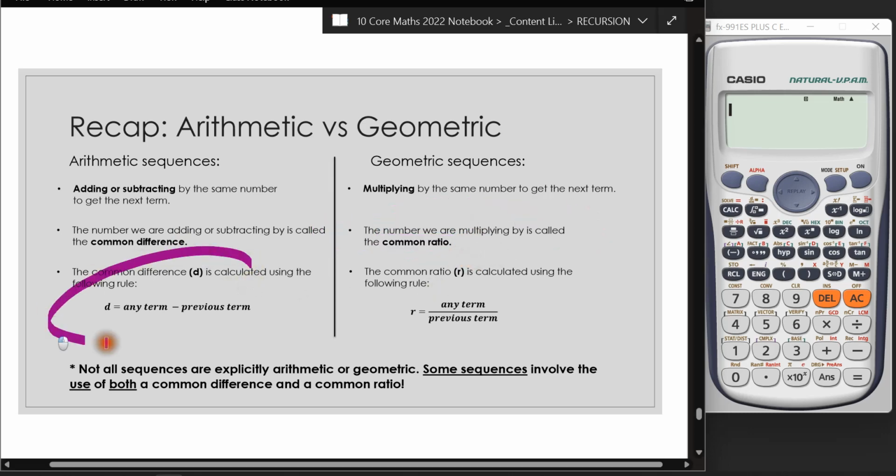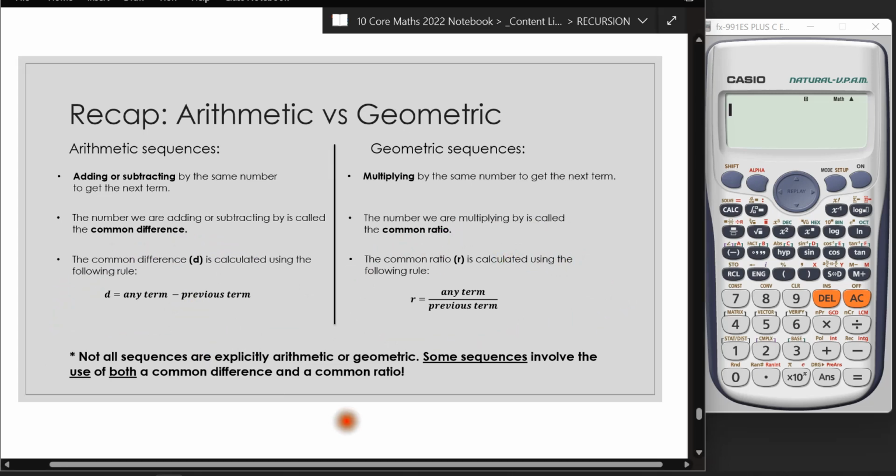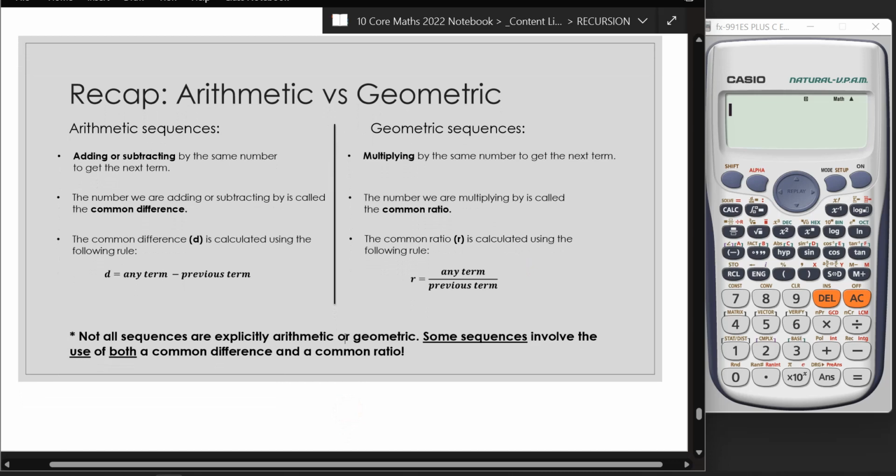And to find the common difference for an arithmetic sequence, any term minus the previous term. For a common ratio, to find the ratio, it's any term divided by the previous term. And just a bit of a note or a caveat here, not all sequences you see are going to be just arithmetic or just geometric.